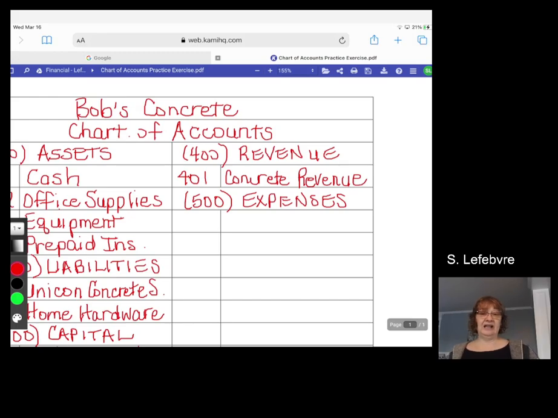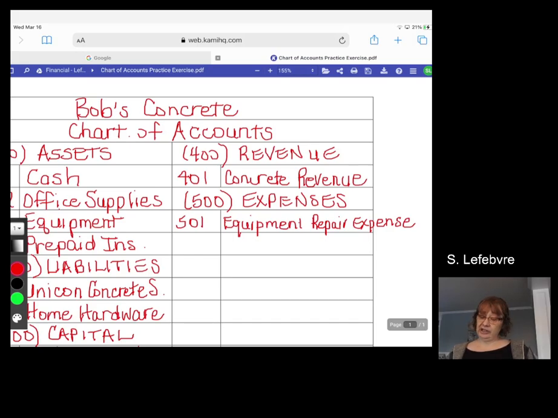Okay, and our first expense account will be numbered 501, and it's equipment repair. It's really important that when you label your accounts, much like we did with the T accounts, that you are very precise.